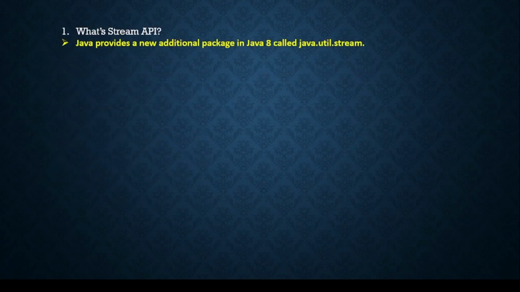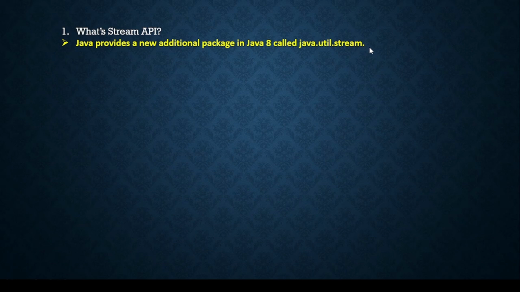What do you mean by stream API? Java provides a new additional package in Java 8 called java.util.stream. Whatever stream we are going to use resides inside java.util.stream. As we have studied the java.util.function package, where we saw predicate, function, supplier, consumer, similarly this stream API belongs to java.util.stream.